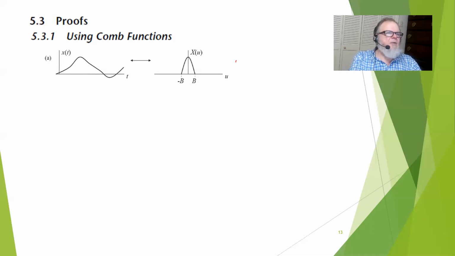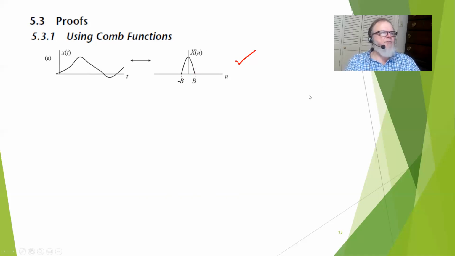Number one says that we have a band-limited signal x of t, and here's the double arrow denoting a Fourier transform pair, and that's going to be band-limited between, say, minus B and B. So that's what we start out with.